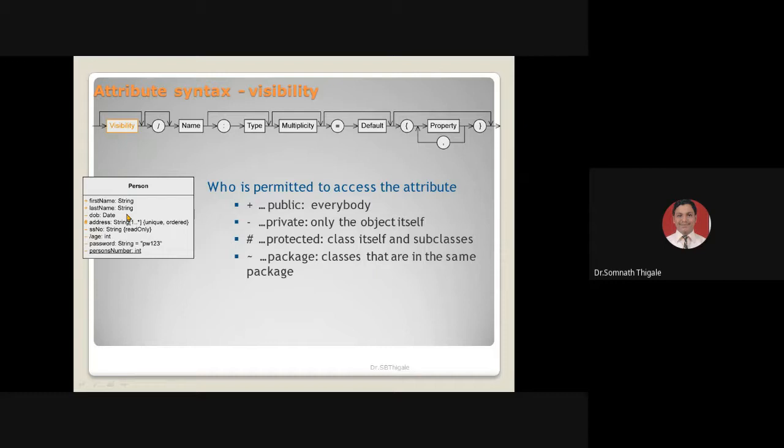At that time, based on the type of attribute, we can use the properties. So plus means public, minus means private. The hash we will call protected, and the tilde talks about packages, that is, classes that are in the same package. So this is about visibility.